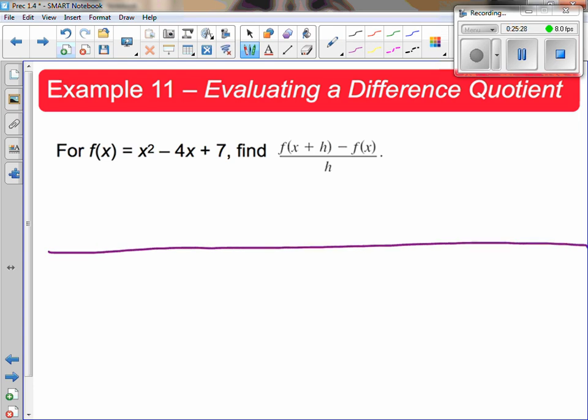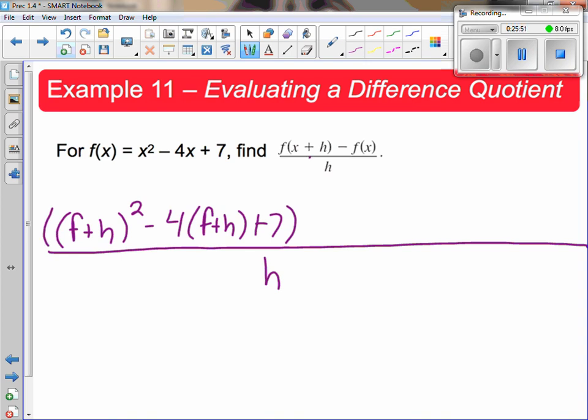I'm going to draw a big old line. Now, to find it, so this is f of x plus h. So all of these spots here, we're going to plug in x plus h. So here we're going to have x plus h squared minus 4 times x plus h plus 7.